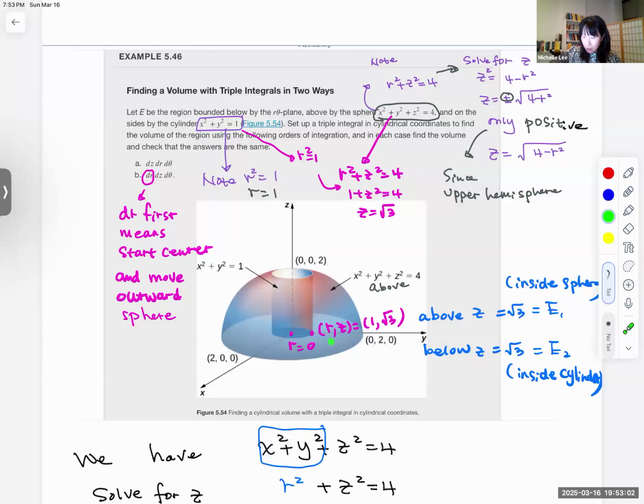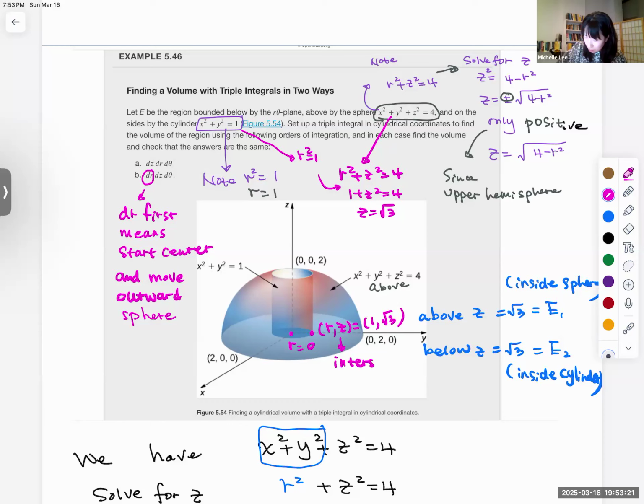Okay. So in that case, I notate (r, z): radius and z coordinate 1 and square root of 3, because this is the intersecting point of the cylinder and the sphere.